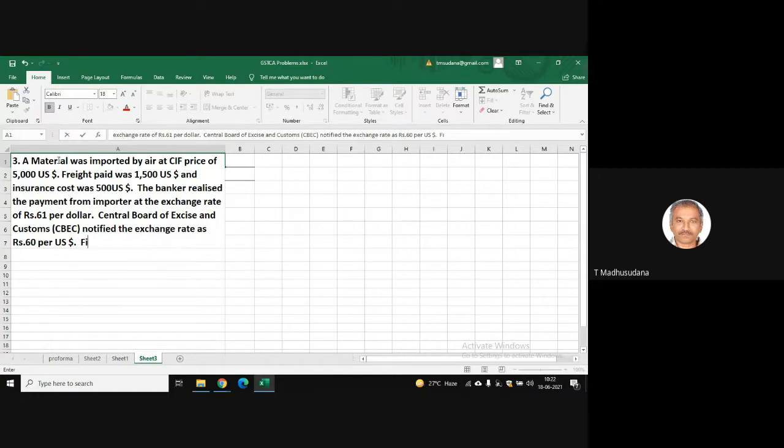Find the value of the material for the purpose of levying duty.